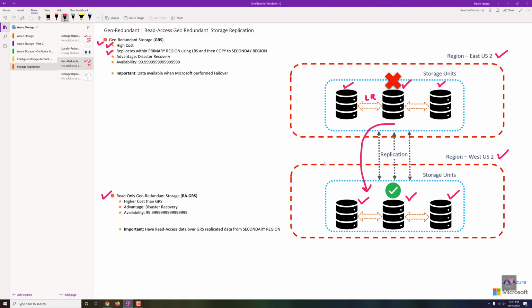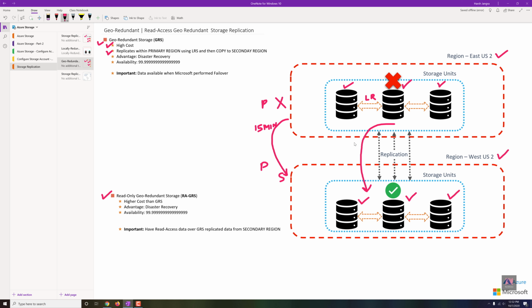When Microsoft confirms this primary is down, let me just write it down first, then automatically they fail over this region to here. Now the secondary becomes primary. During this time your data won't be available, and according to the Microsoft data plane, it takes approximately 15 minutes to complete the failover from one data center or one region to another region.